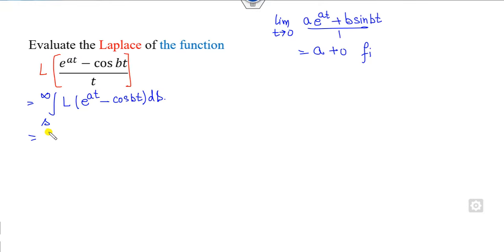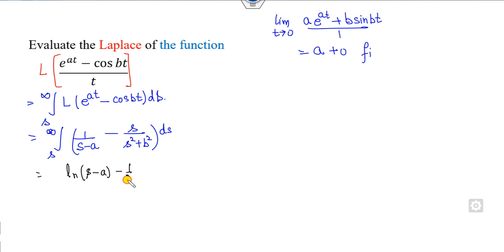So what is the Laplace of this? From s to infinity, 1 over s minus a, minus s over s square plus b square, ds. So it will be ln of s minus a, minus half ln of s square plus b square, from s to infinity.